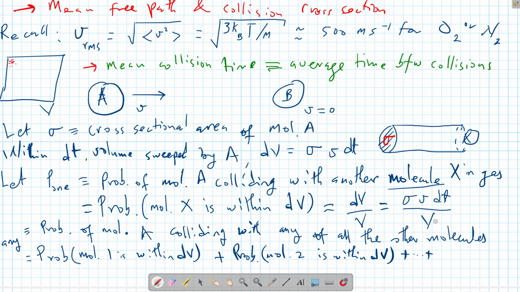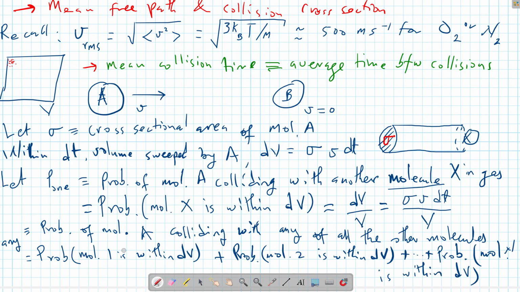So let's say plus the probability of molecule n is within dV. Let me try to write this. Probability of molecule n is within dV, right?